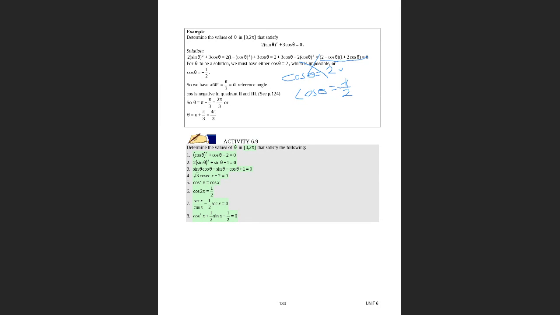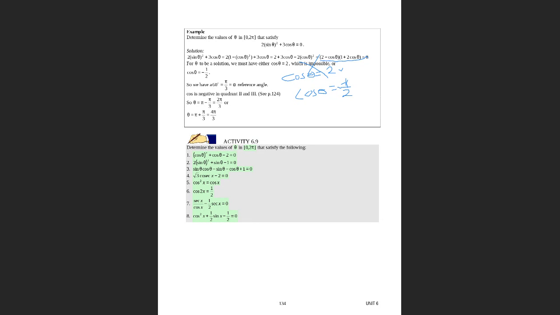Yes, you can answer. Yes, because for cos and sine, the answer is always between -1 and 1.